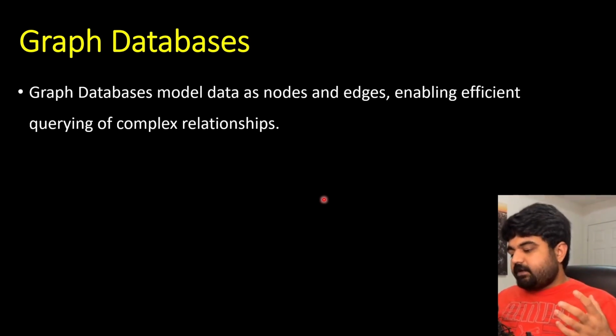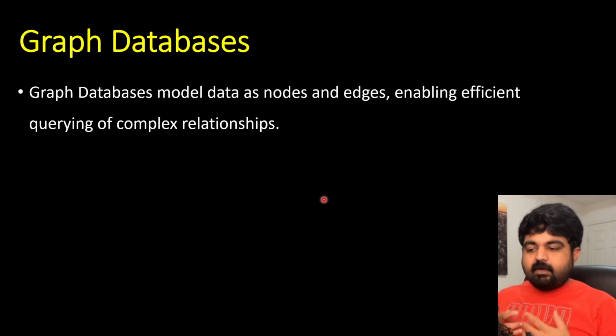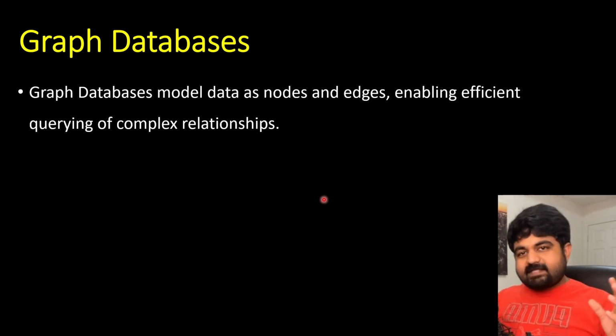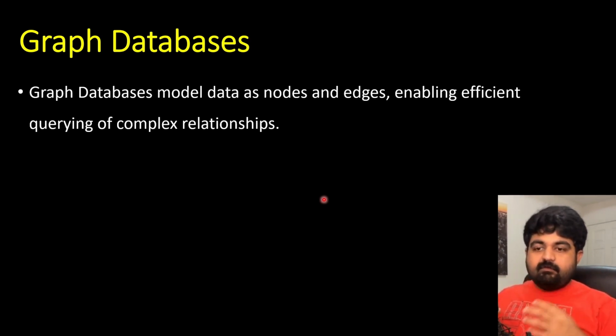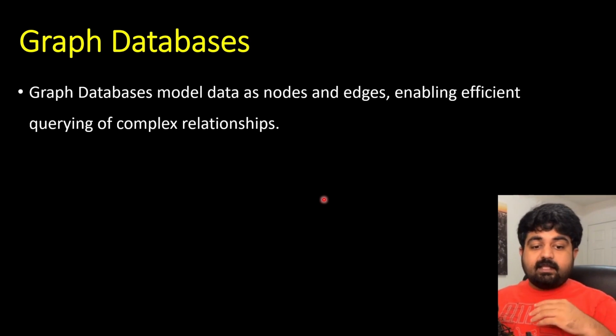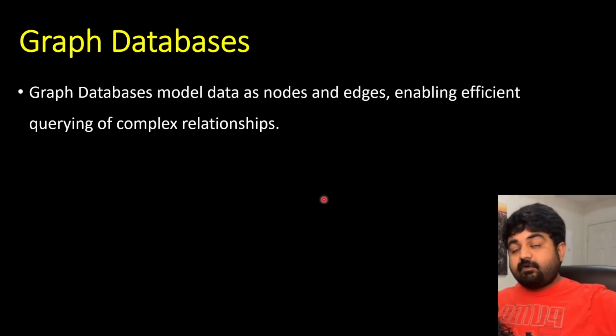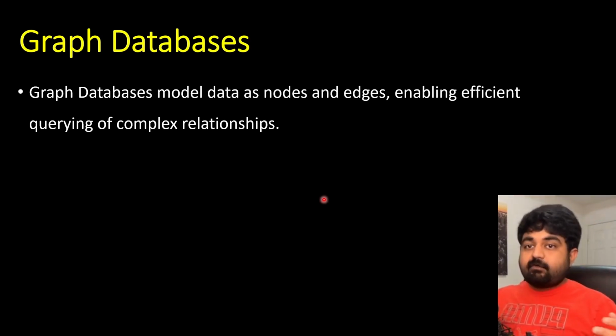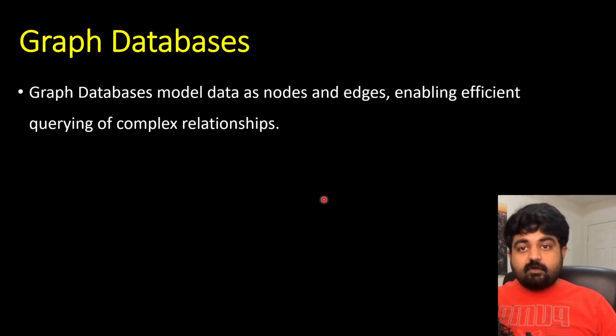Think of a website or application like LinkedIn, Facebook, or Twitter, where you have complex relationships between people, where one person is following another, who is not following back. Then three persons are following the same person, or maybe a million people are following one person, and that person is not following anyone.